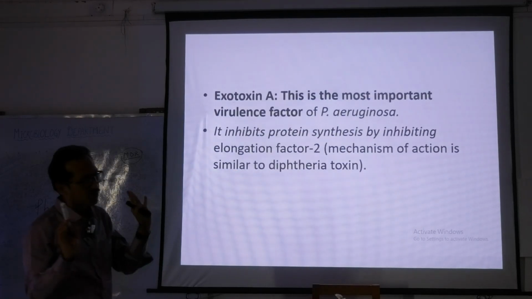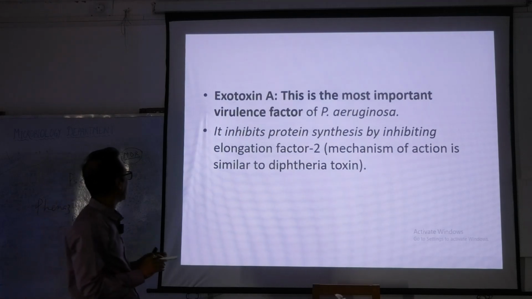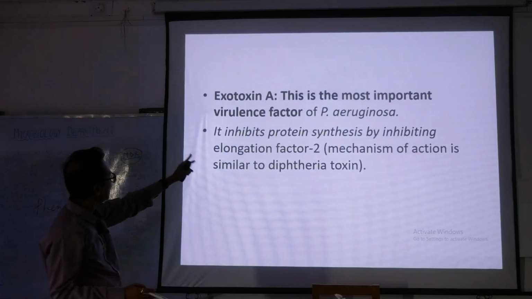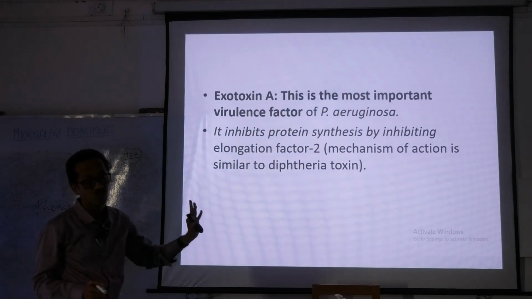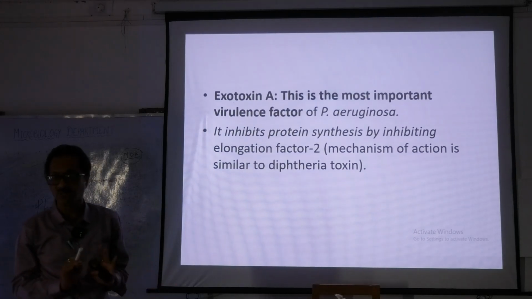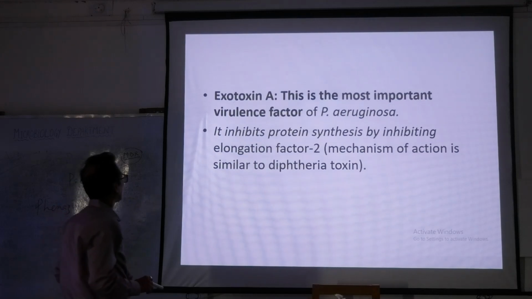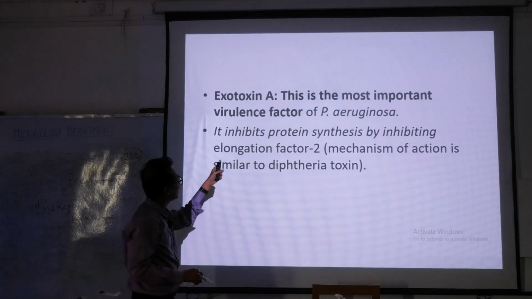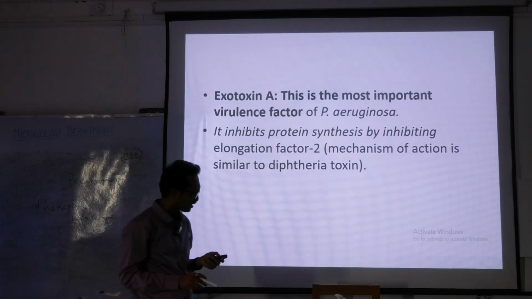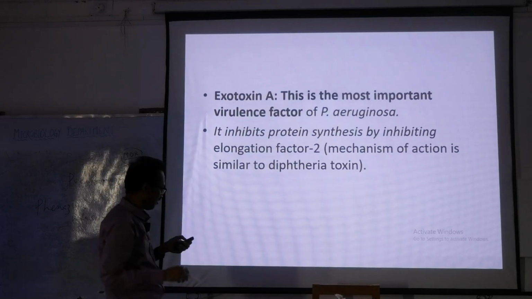This is the most important virulence factor, and exotoxin A may be asked as a short note also. It inhibits protein synthesis by inhibiting elongation factor 2. It may come in MCQ also. The mechanism is similar to diphtheria toxin, which also inhibits protein synthesis by inhibiting elongation factor 2.